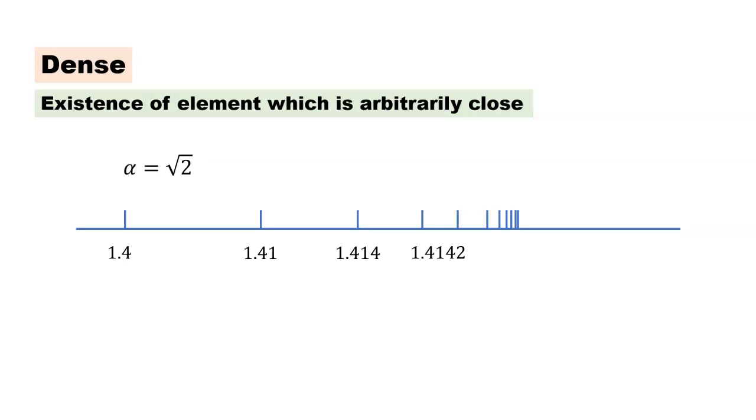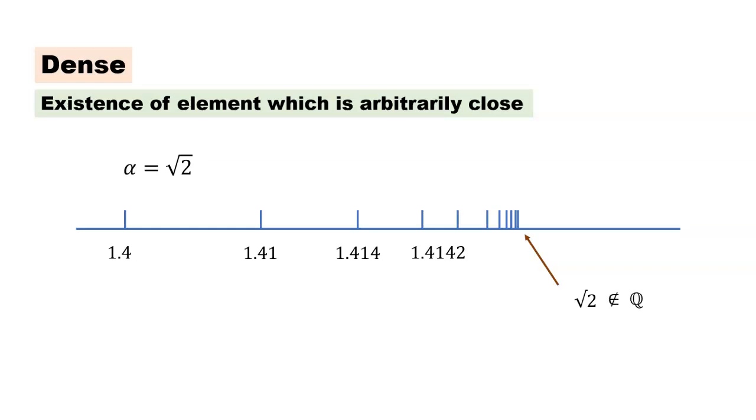Note that all these numbers are rational because they can be written as a fraction of two integers. For example, 1.41 can be written as 141 divided by 100, where 141 and 100 both are integers. Now, if I go forward term by term by increasing the precision, I will eventually approach the actual value of root 2, which this sequence is approaching.